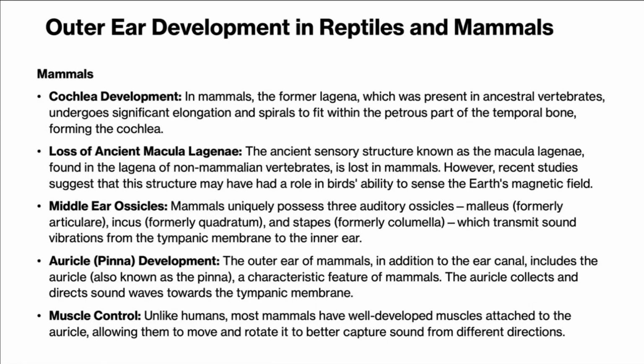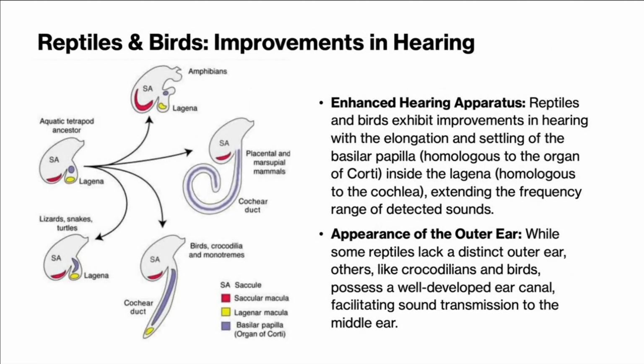Okay, so mammals formed a significant elongation, which would spiral to fit part of the temporal bone. This spiral would be the cochlea, and we can show you here.